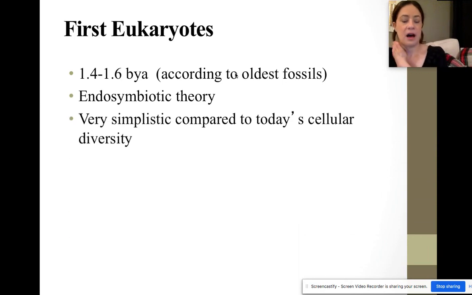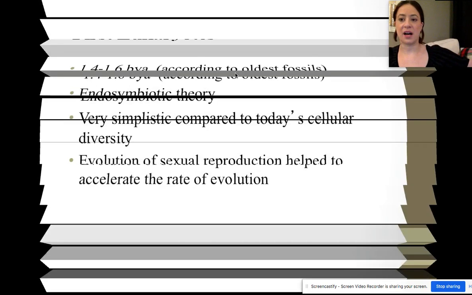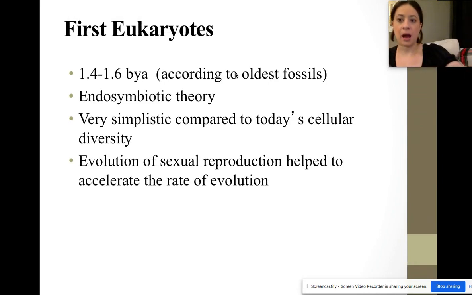Now, I probably could have taken the picture I had on the other slides and copied it and put it on this slide here, because those are the first eukaryotic cells. So imagine I put the picture here. But that is the endosymbiotic theory about 1.5 billion years ago as to how our first eukaryotic cells would have evolved.